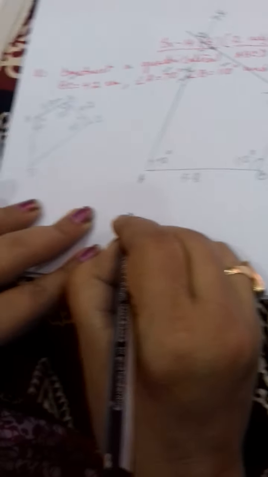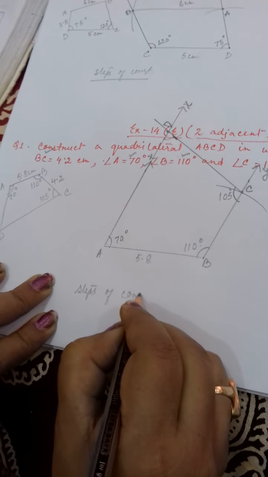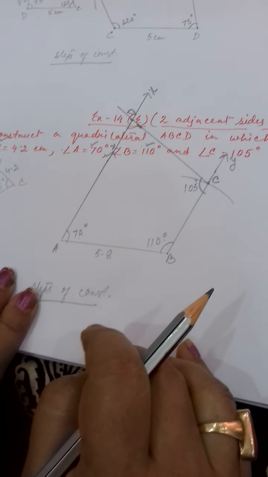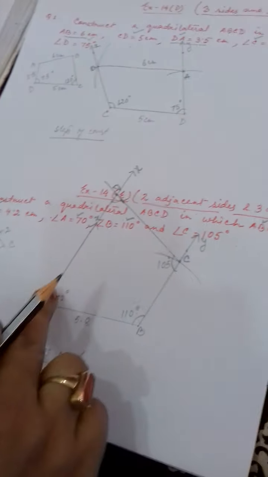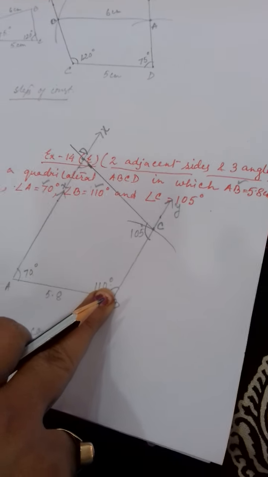After that you will write down the steps of construction as before. The same way you will write down the steps. Clear or not, students? Have you understood how to construct a quadrilateral with two adjacent sides and three angles? First you will draw a baseline, then you will construct two angles at first.